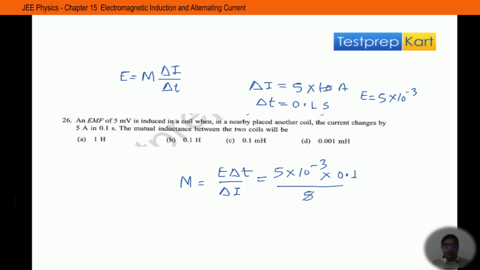These two terms get cancelled, and we get 0.1 into 10 to the power minus 3, so this is 0.1 millihenry. So choice C is correct in this question.